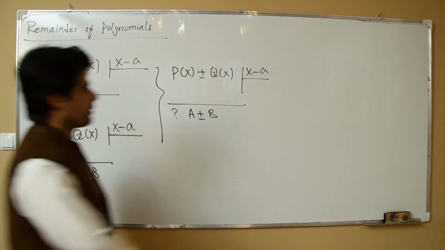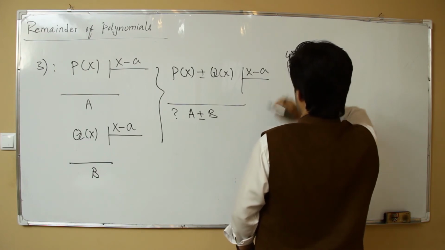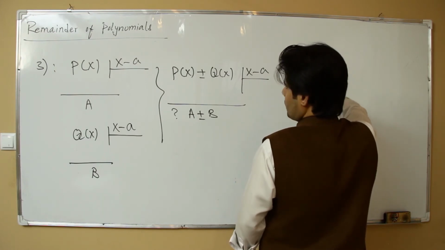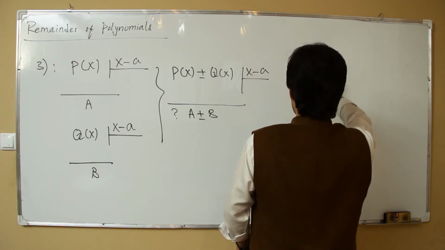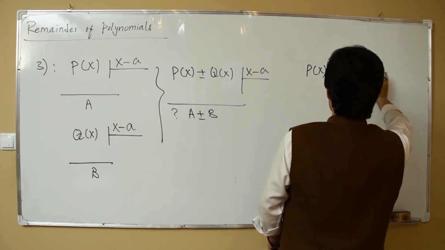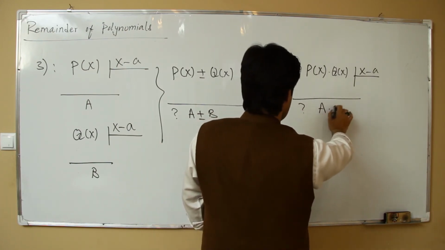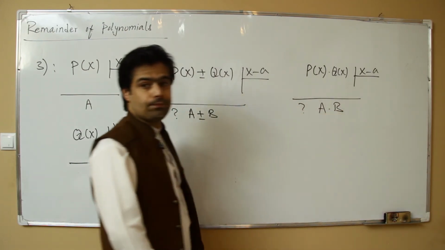The fourth one, with the same category: p(x) times q(x) divided by x minus a. Now, what is the remainder? a times b.